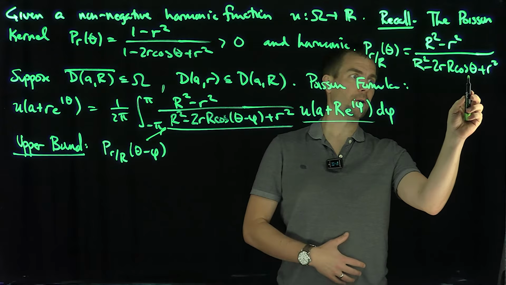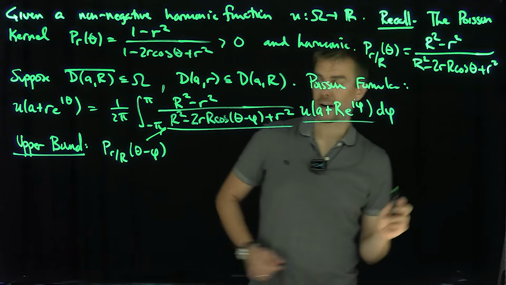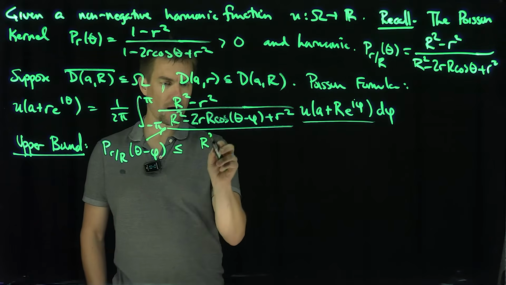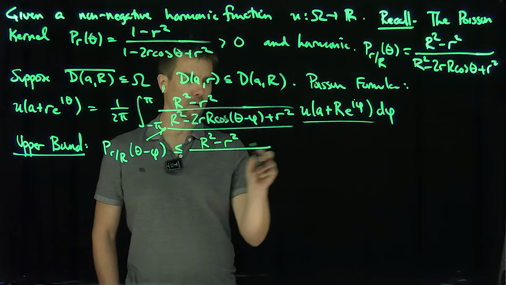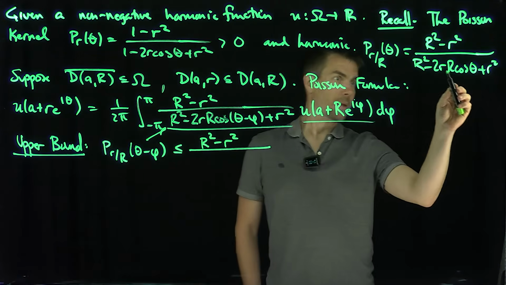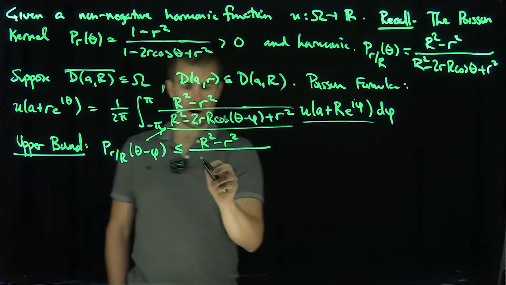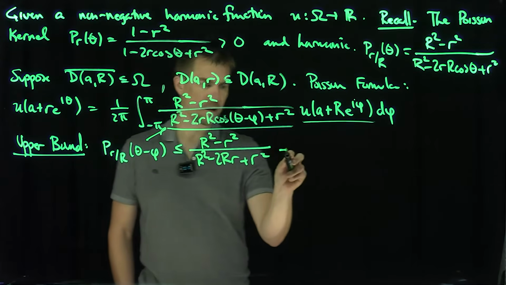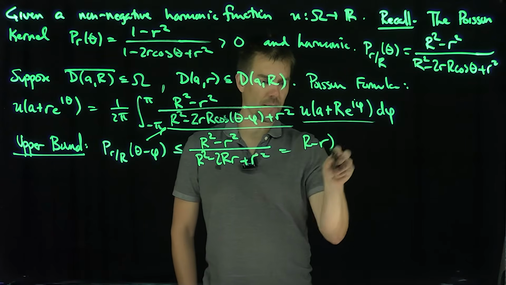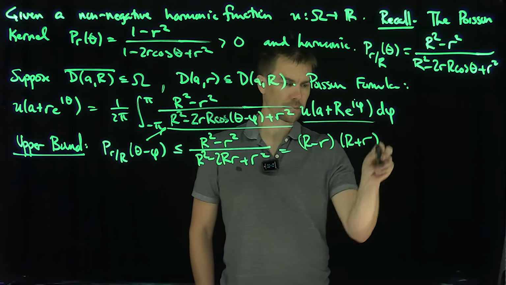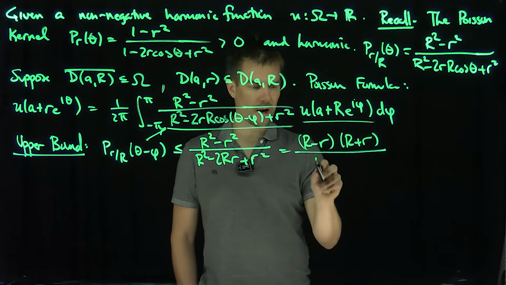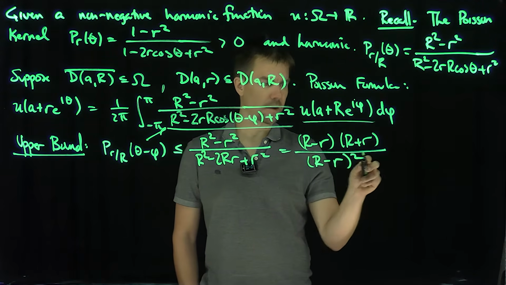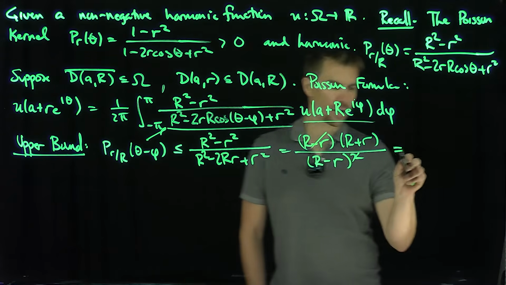The smallest denominator occurs when the cosine is perfectly negative. So this is no more than R squared minus little r squared over R squared minus 2rR plus r squared. This, of course, is a perfect square: R minus r quantity squared. One of those factors cancels out, and you're left with what?